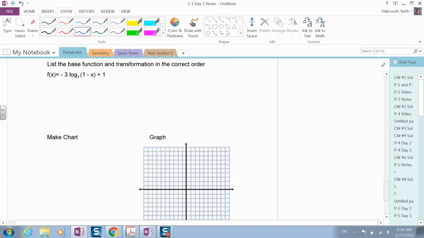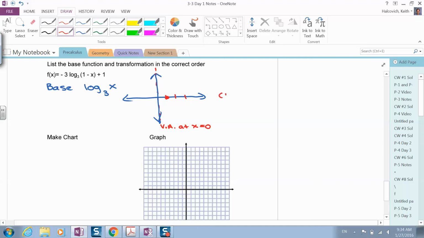Remember that the base function here would be log base 3 of x, and remember, graphically, the base function, you have a vertical asymptote at x equals 0, and then you have the point 1, 0, and then you're going to have the point 3, 1. And there you go. There's your base function.